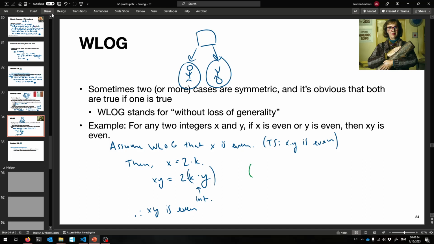It's symmetric, all right? So swapping x and y in the proof on the left proves the other case, the case where y was the one that was even. It's like one is true or the other.